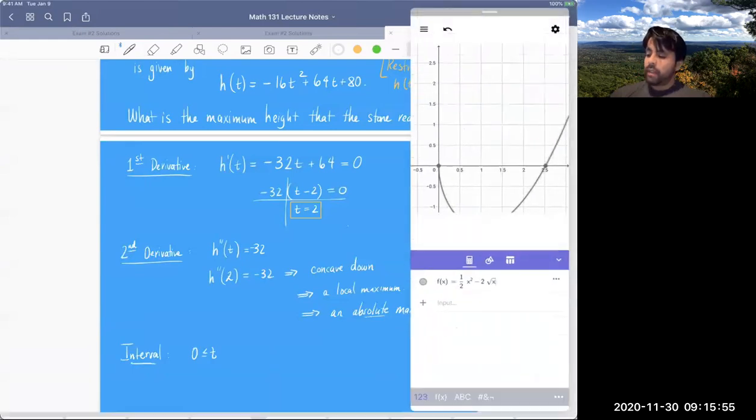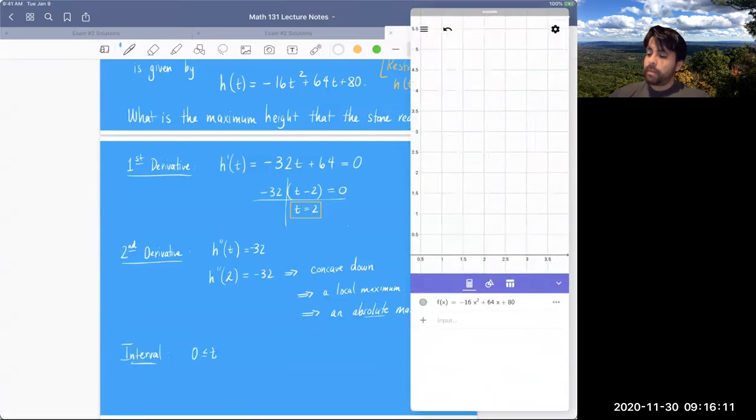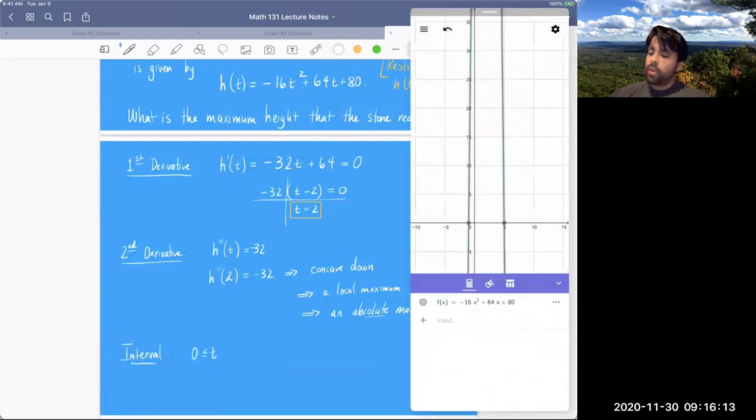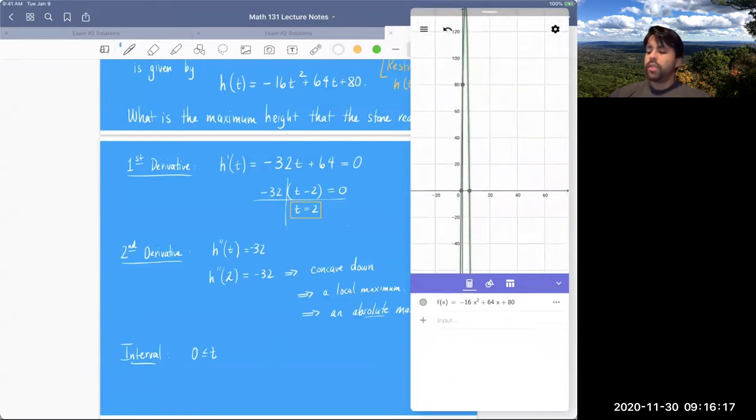So then let me just graph this and then we'll have a better understanding of it. So we get negative 16t squared plus 64t plus 80. So if I graph this, look what I get. The graph of this function, you see this graph?